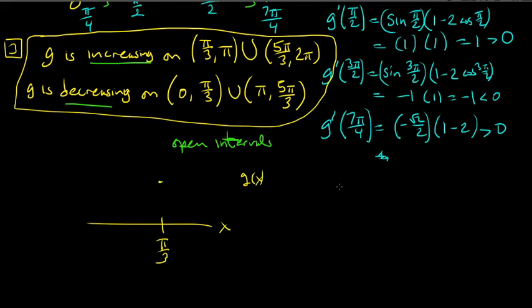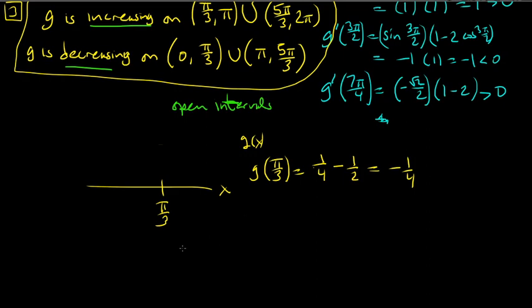And I don't remember what point it is. Let's see. So cosine of pi over 3 is 1/2. So we get 1/2 squared is 1/4, minus 1/2. So you actually get negative 1/4. So I was wrong. It's not above the x-axis. It's below the x-axis.